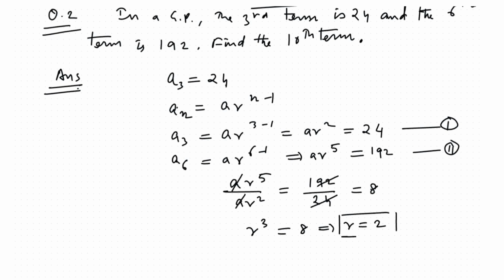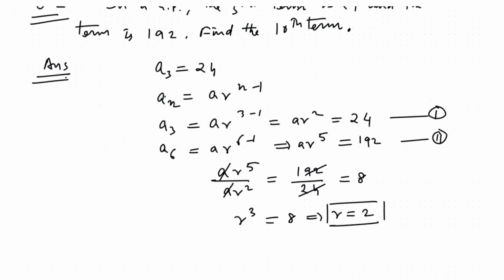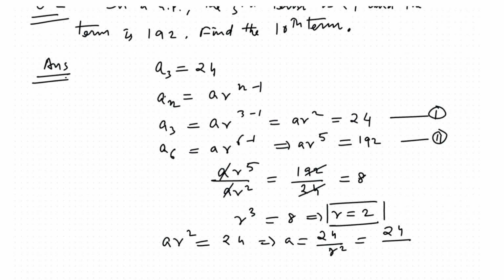All right. Now, since we are asked to find the 10th term, first you need to know what your a is. Since a r square is 24, a would be 24 upon r square, which means 24 upon 4. So it is 6.